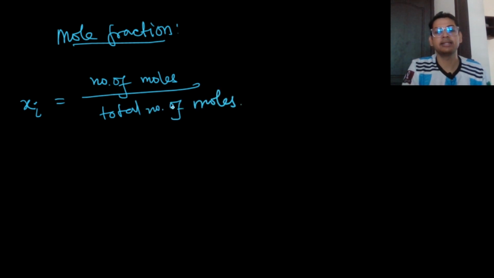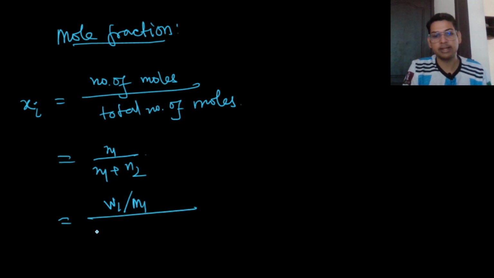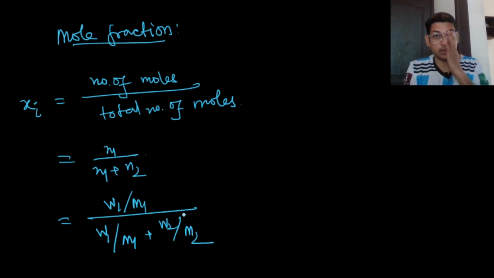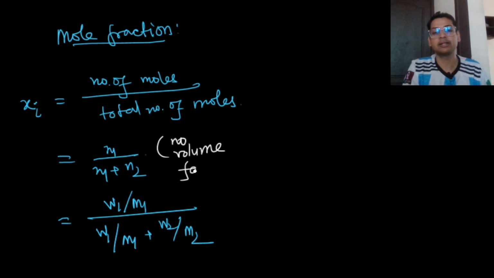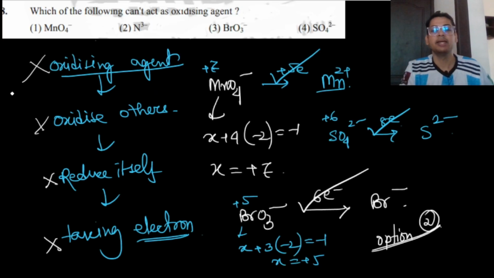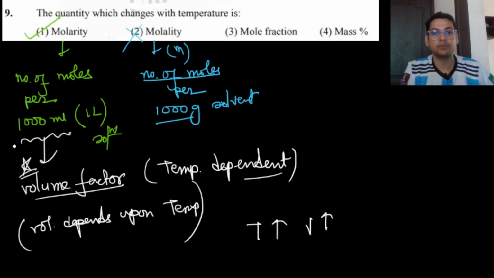So we can write it as N1 by N1 plus N2, where N1 is W1 by M1, and N2 is W2 by M2. All are mass, no volume factor is there, so it is not dependent on temperature. Got it?